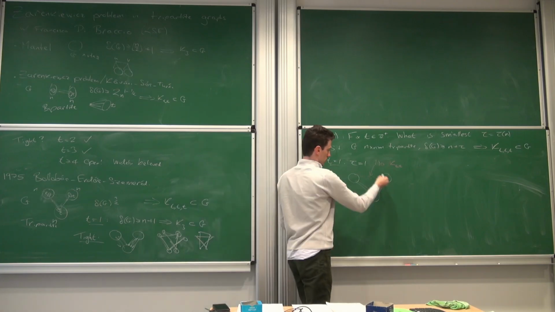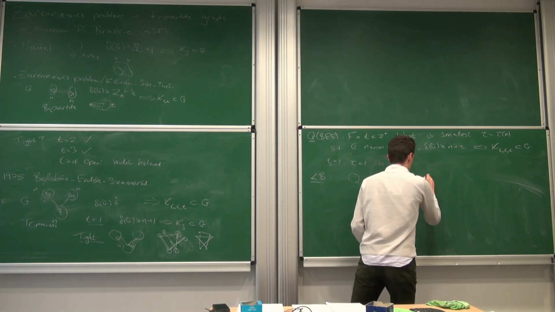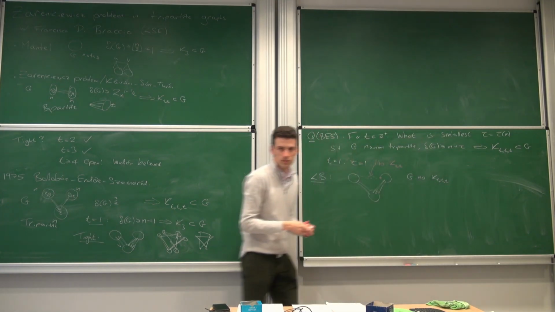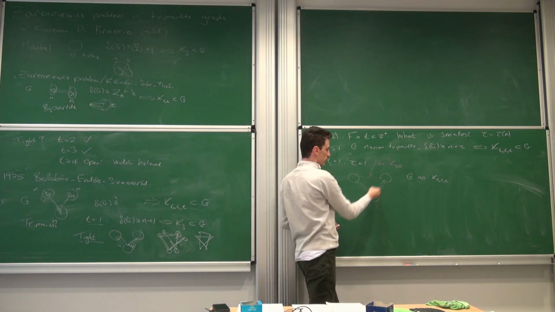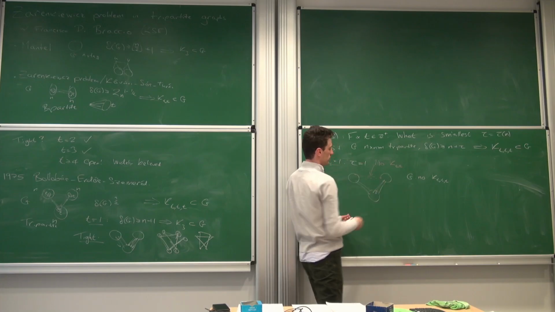If we do this, then this graph G will have no K_TTT, because you can't even find T here, all adjacent.